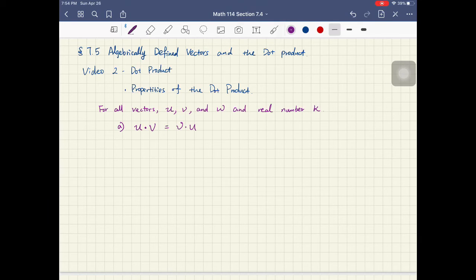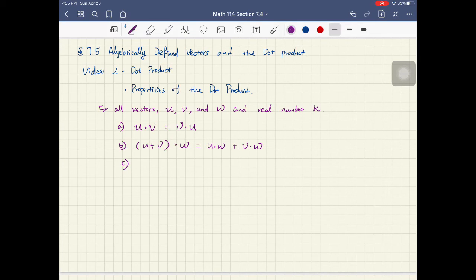The order doesn't matter. The second one is for mixed operations: if I add two vectors u and v, and then dot with a third vector w, it is the same as finding the dot product between u and w, added to the dot product between v and w.